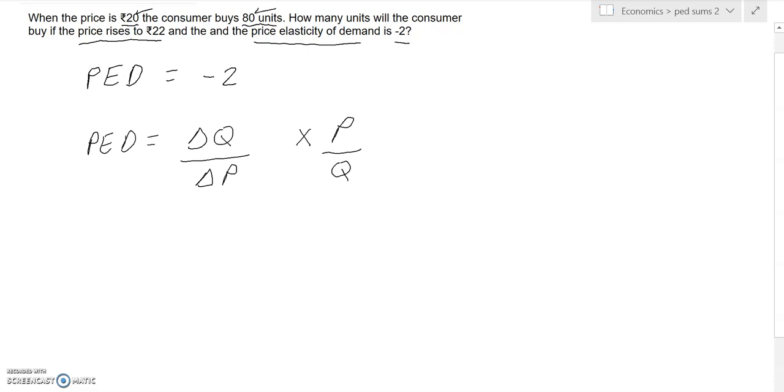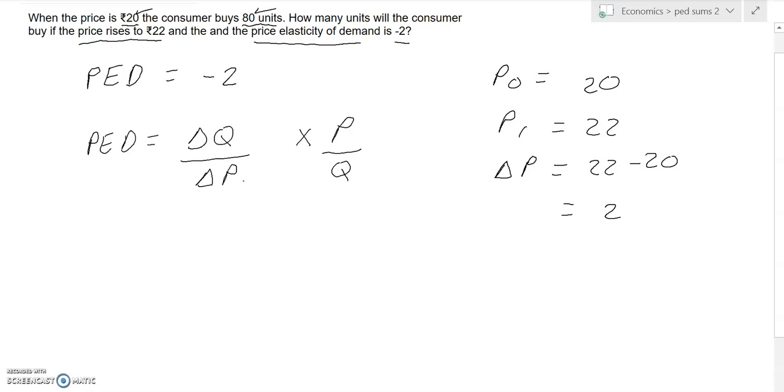We've also been told what the new price is. So we can say the old price, or perhaps P0, P0 we've been given as 20 and P1 is 22. So the change in price is 22 minus 20, which gives us 2.